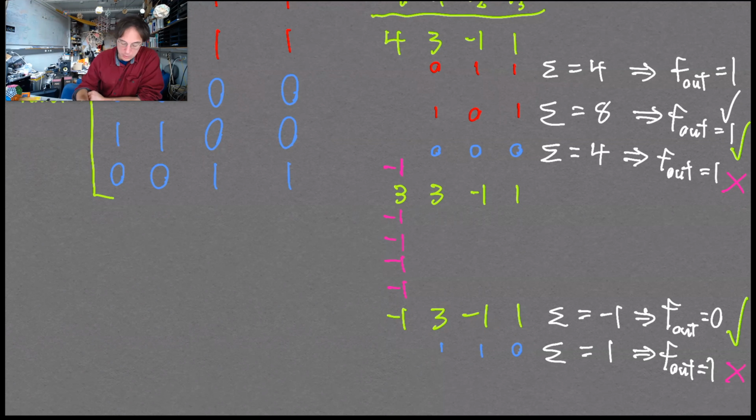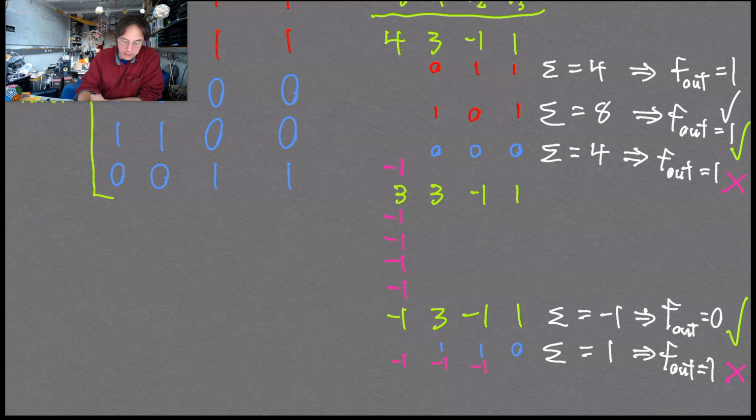And so what can we do? Now, to bring down the sum, we can reduce the bias. But it's also good to bring down these weights, because of these 1s, these weights were contributing. So we can reduce all of those. We're going to reduce all of these places where there was a 1 in the input.